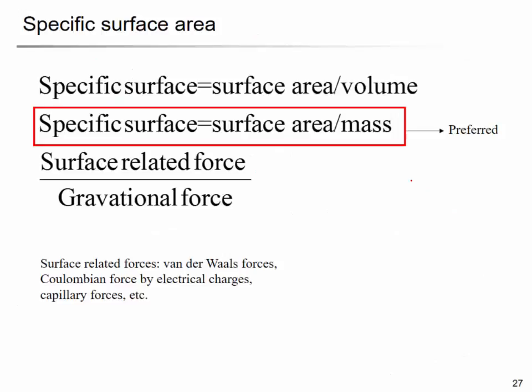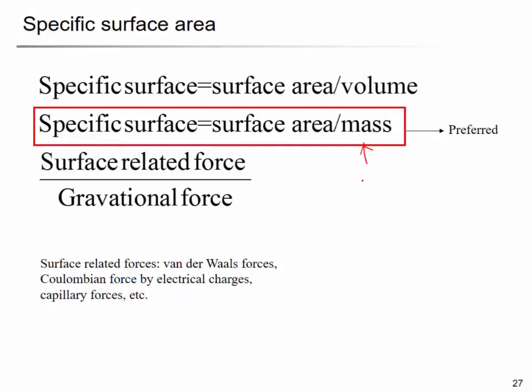Before that, okay, specific surface area. So what's the definition of the specific surface area? The area of the particle divided by the total volume, or the area of the particle divided by the total mass, right? You can have area over mass or area over volume. Here we're using the second definition, area over mass.